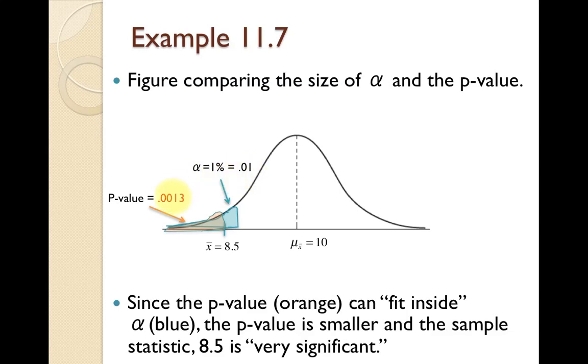P 0.0013 fits inside 0.01. It's considered very significant. 8.5 is considered very significant because it is less than 1%, which puts 8.5 far away from center. Far enough away from center to reject the null hypothesis.